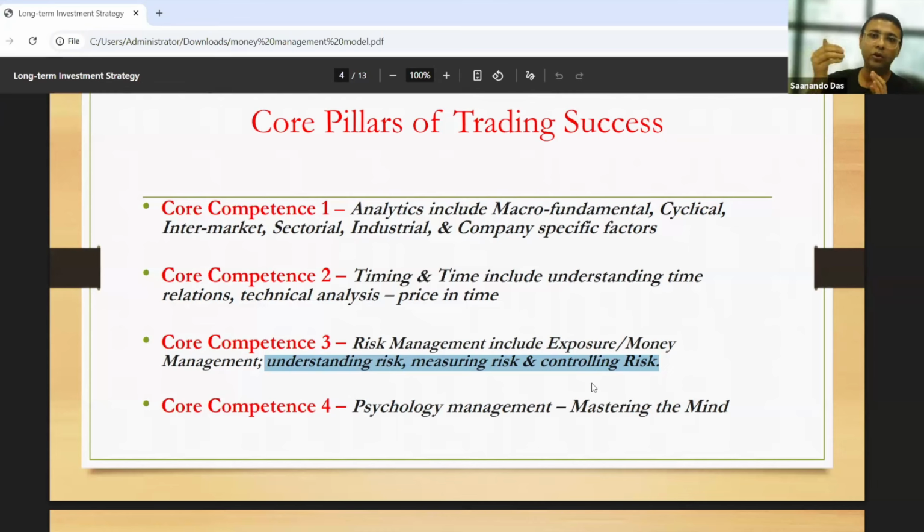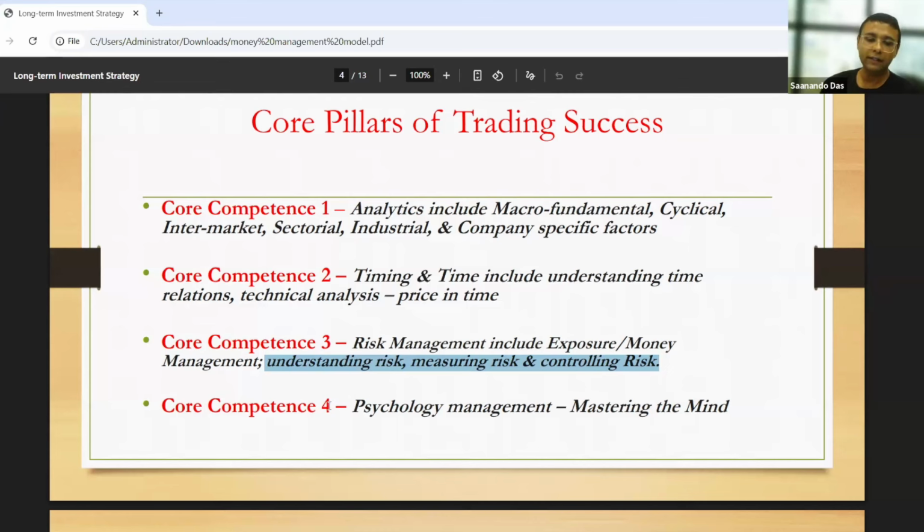As we take more risk, our chance, not a guarantee, our chance of making a higher return goes up. Also goes up that we may not make it and ultimately could end up in loss or become a loss-making trader. So today our focus will be under risk management, exposure and money management part.